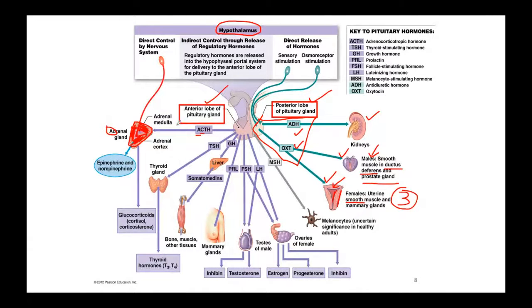Whereas the adrenal medulla, the inner portion of it, has a different function. And I'll show you the relay to that, okay? But it's not the adrenocorticotropic hormone. Let me erase this for a second. You will see that inside here, the adrenal medulla is being stimulated directly by the nervous system.